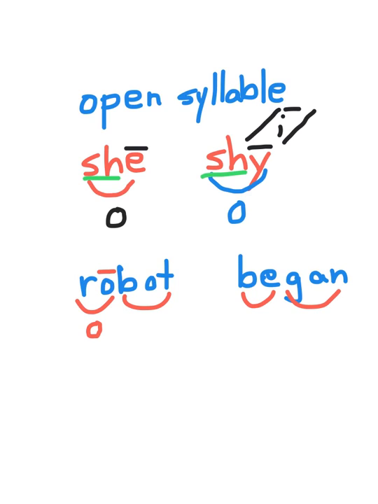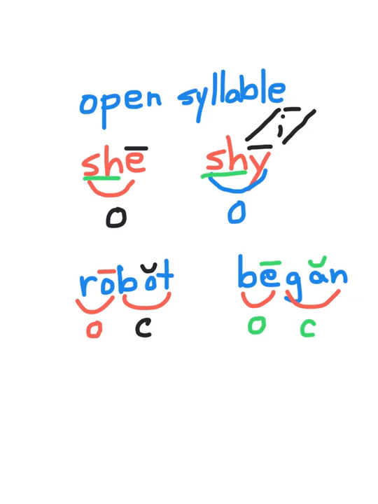So we would mark that as an open syllable. And then bot, that's a short O, and that's a closed syllable with one vowel. We can see that be sounds like a long E, so that syllable is open. And gan would be a closed syllable, with a short vowel.